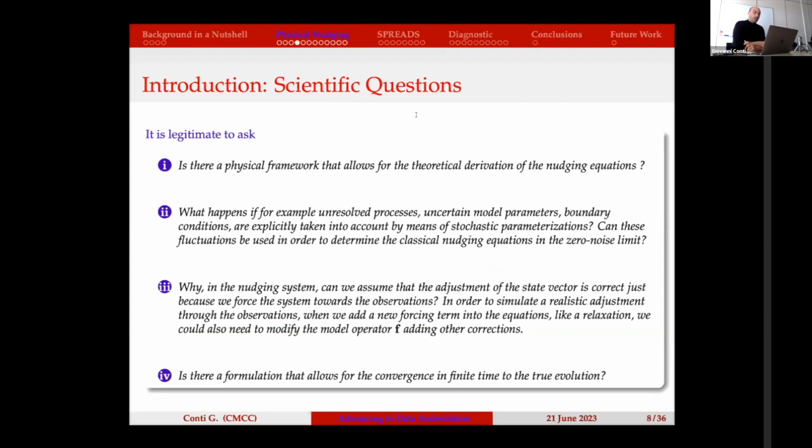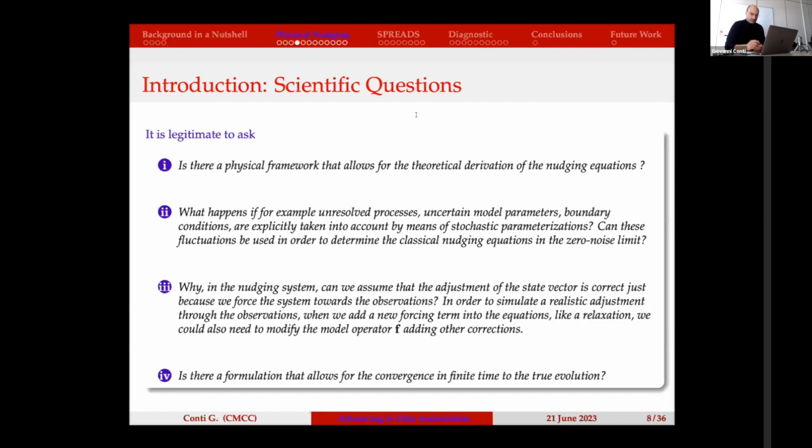And further, what happens if, for example, we introduce unresolved processes in our dynamical system? And why can we assume that the adjustment of the trajectory toward the observation is correct just because we correct the system close to the observation or at the observational time? So we need to understand this better if we also want to increase the statistics that we use in our analysis.